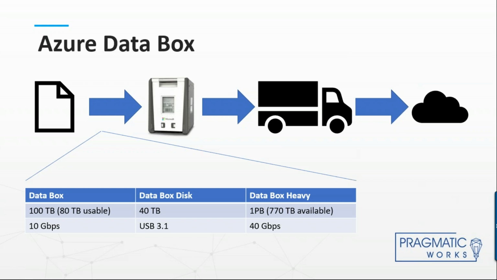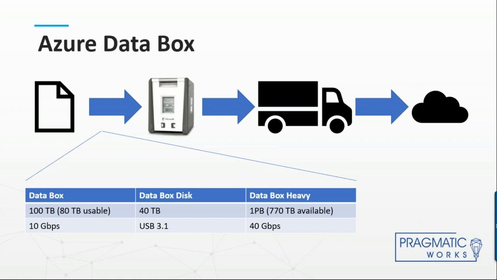And so what you would do in this scenario is take the files that you've created from your existing data warehouse, and you load those files onto the data box. And again, you think of that as just external storage.